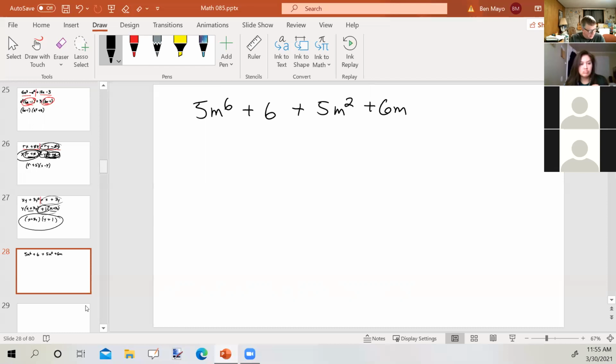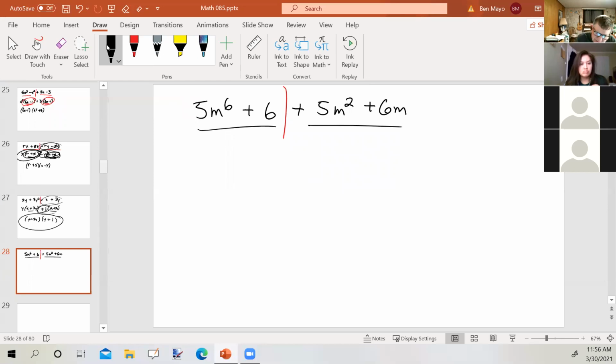Again, it says to factor by grouping. There's no greatest common factor, okay? But if I split it up that way, there's no greatest common factor here other than 1 and here other than 1. So I'm going to have to do something else.